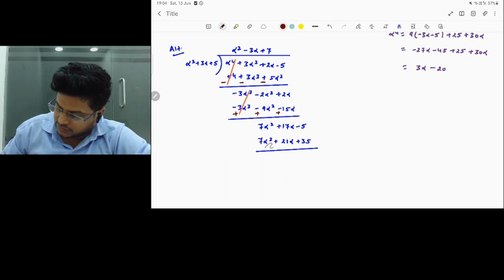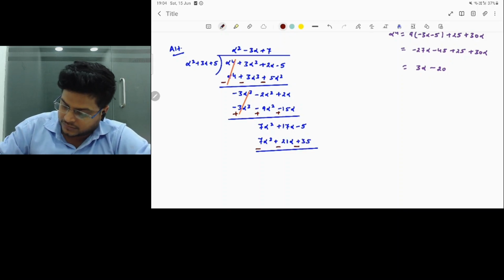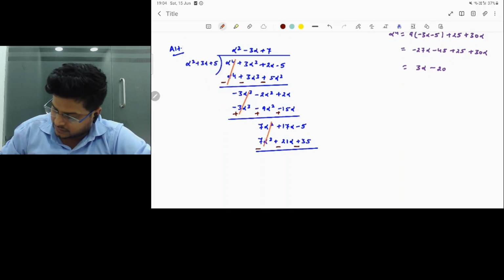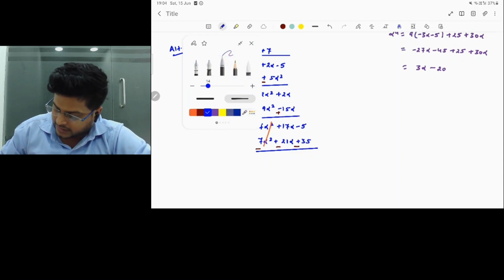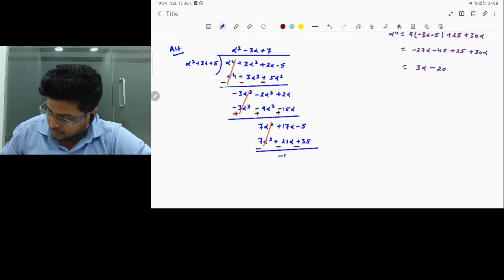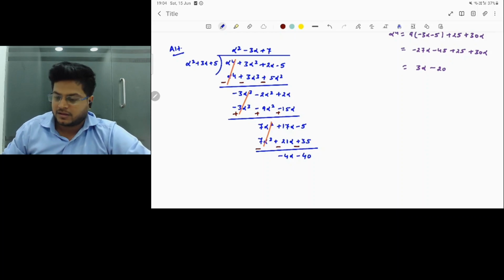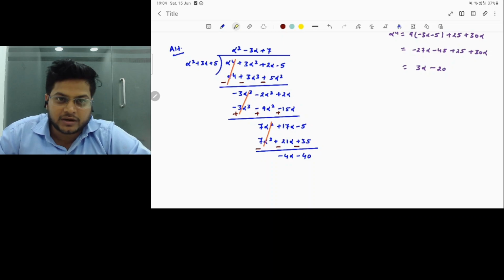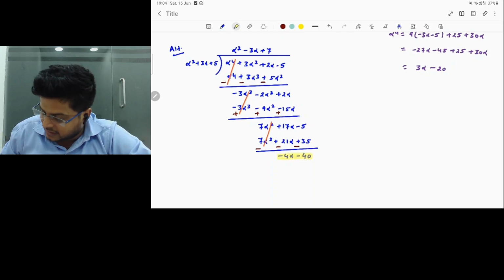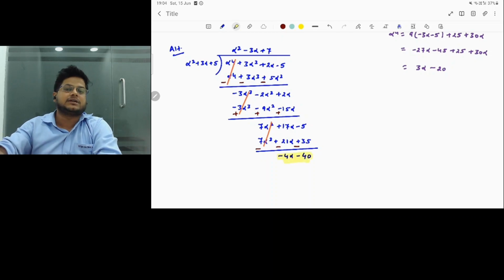So when we go for the subtraction this time, you can see this gets cancelled, and ultimately we have got minus 4 alpha minus 40. Now I'm sure your eyes would be glittering that this is exactly the same quantity that we have got above, isn't it?